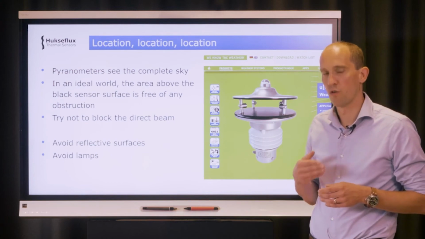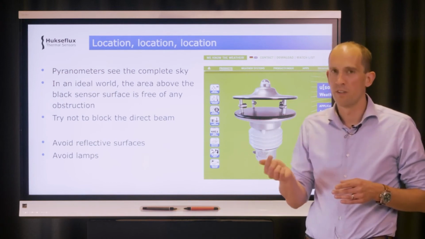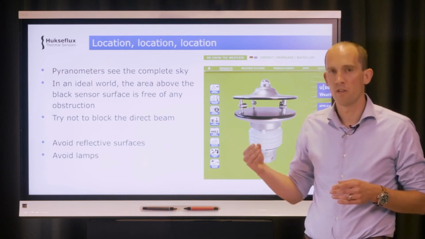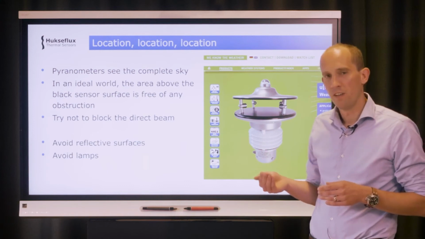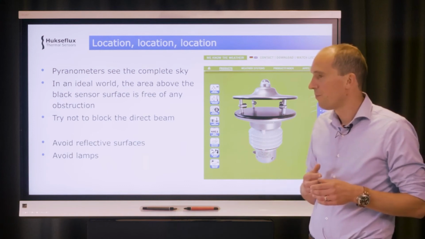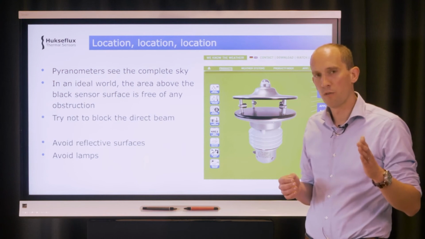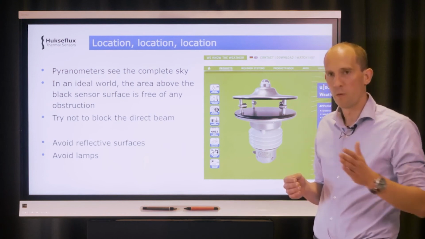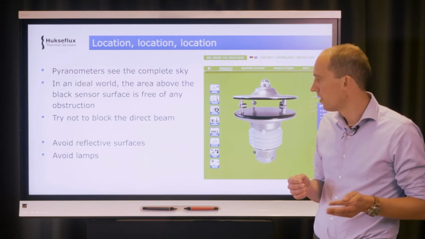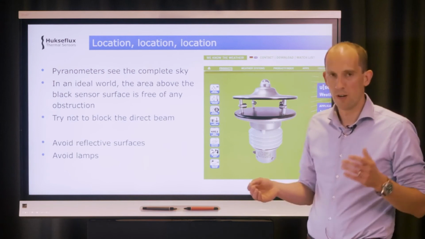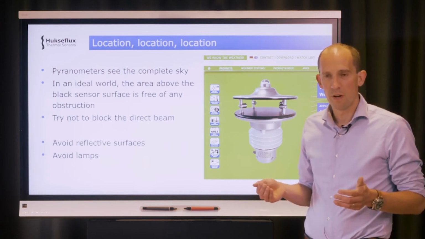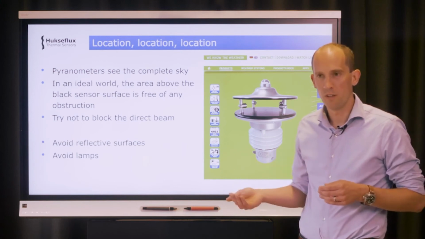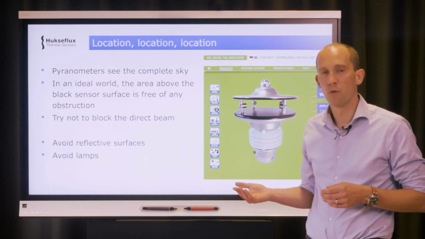And there are many resources available online where you can chart the location of the sun in the sky of your specific location. And of course, reflective surfaces, you have to be very careful. If the sun is reflecting from a surface, it may impact your measurement. And if you have strong lamps nearby, pyranometers are also sensitive to energy from normal light sources.